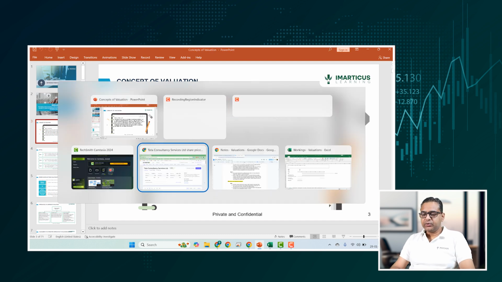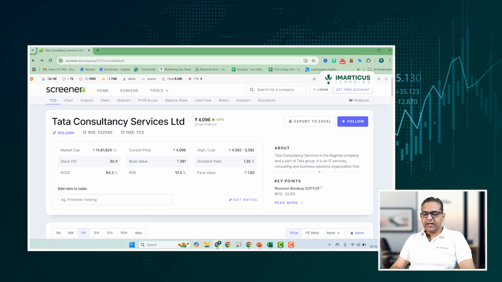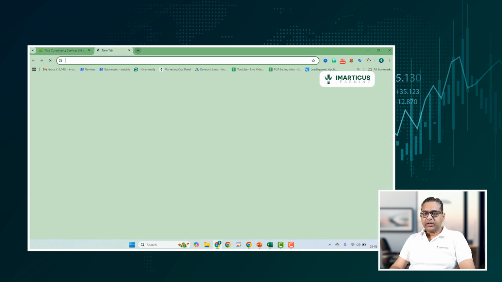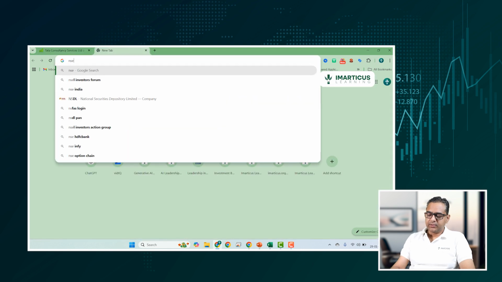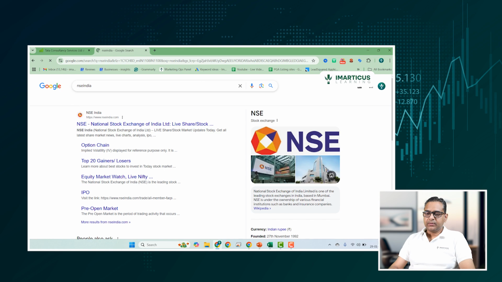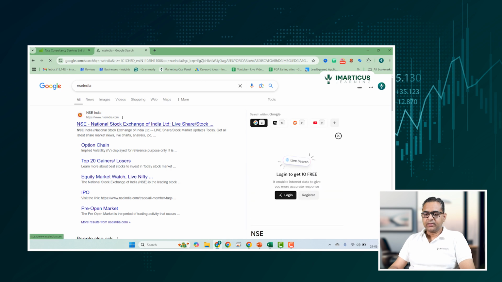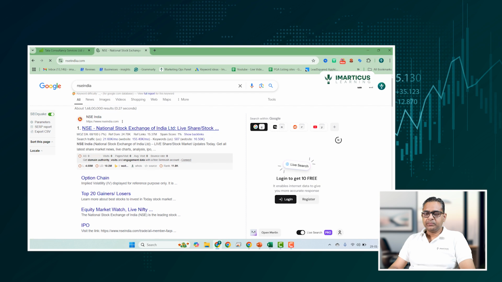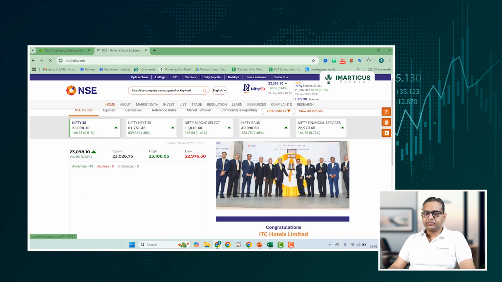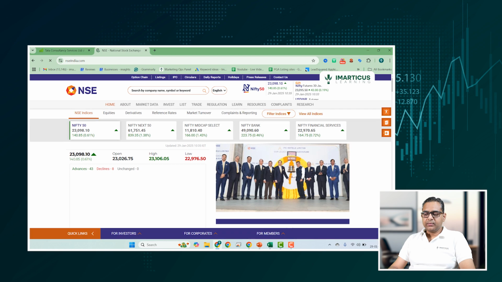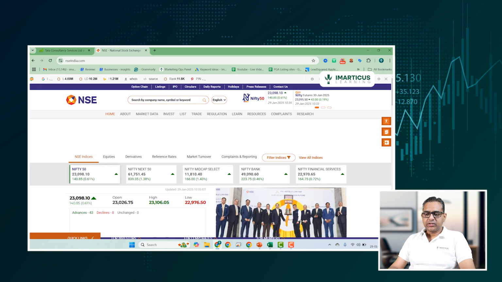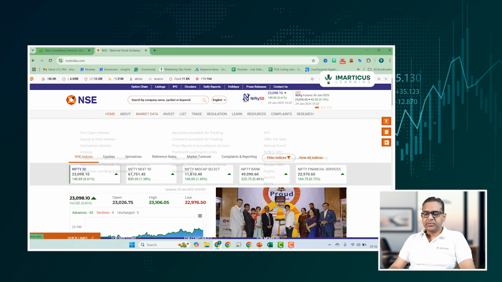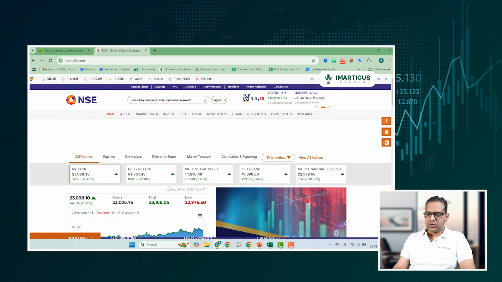Let's understand it through an example, from the equity perspective. The National Stock Exchange provides us a platform, a website where we can check the current trading prices of any stock.